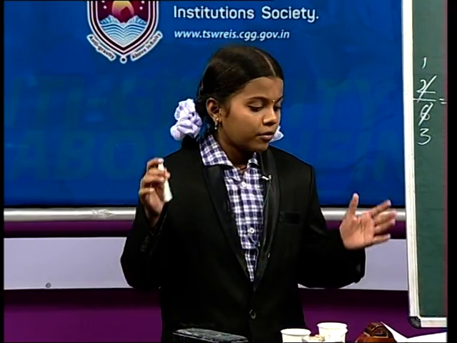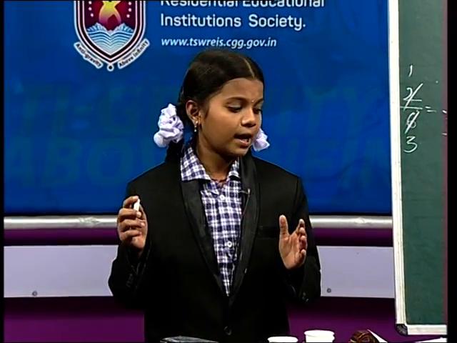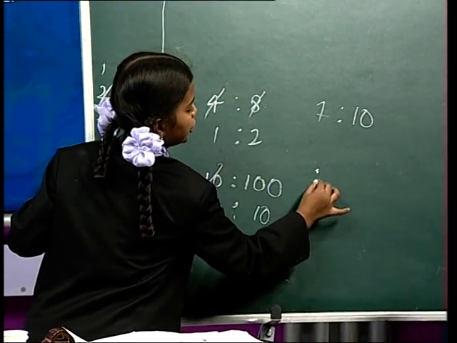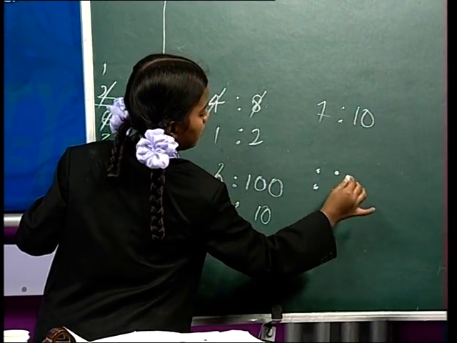In general, if we take A is to B equal to C is to D, we say that they are in proportion. This is represented as A is to B as C is to D. This is the symbol for proportion.